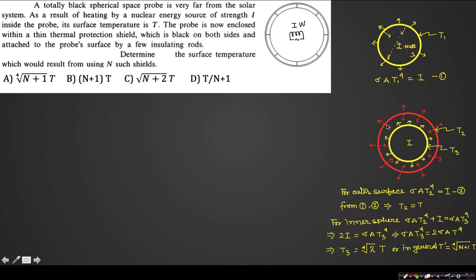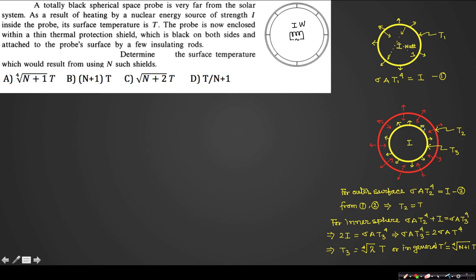As the spaceship is also a black body, it will completely absorb that heat radiation, and the radiation that the spaceship releases will directly fall onto the inner surface of the enclosure, and that enclosure will also absorb that entire heat radiation, as it is also a black body. And the outer surface of the enclosure also sends some heat radiation, as the temperature is T2.